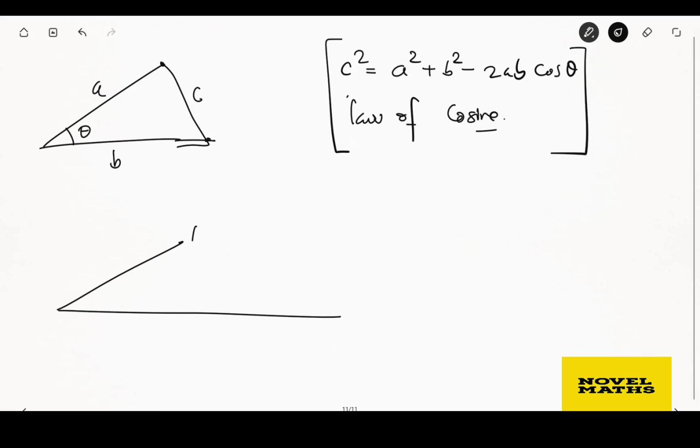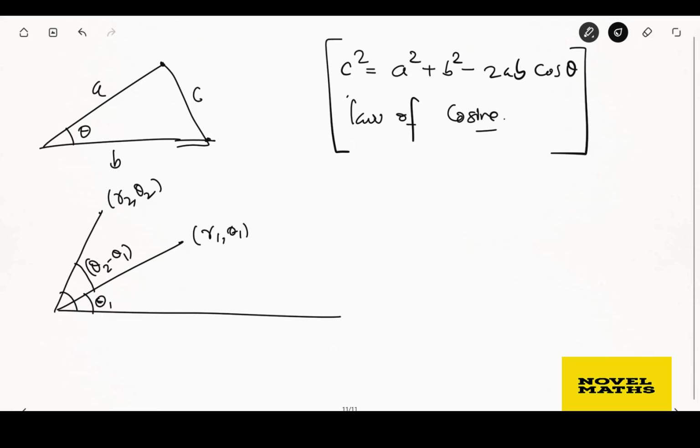Suppose one point is this, radius r1, theta 1, this angle is theta 1, this is the origin, and another point is this, radius r2, theta 2, this is theta 2. So this angle is what? Theta 2 minus theta 1, right?